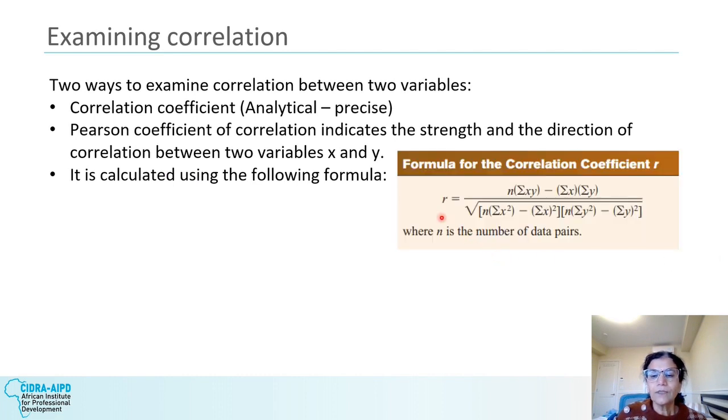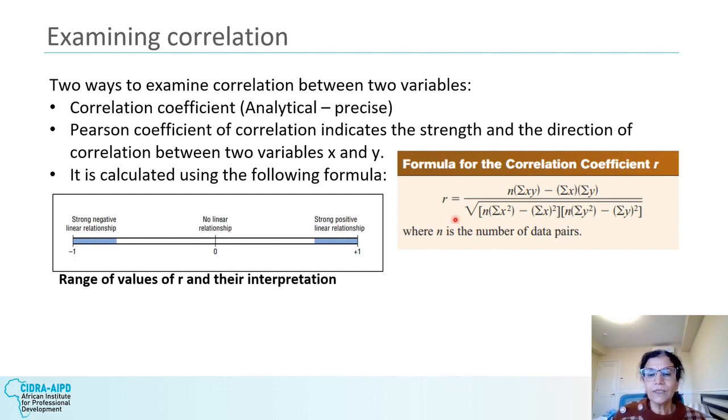Try to understand the formula. We multiply x and y. We take product of their terms, then take the sum of their products. Here we take sum of x, sum of y, and then we take their product. So apparently this formula is a bit complex, but do not worry, we are going to use technology to calculate it.